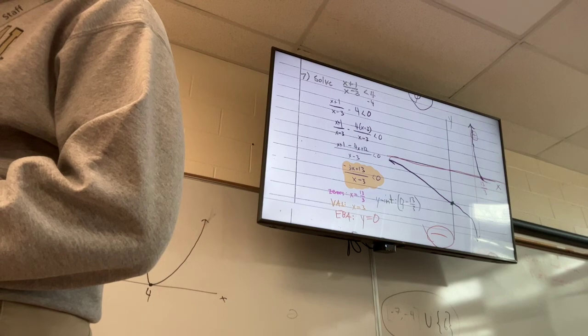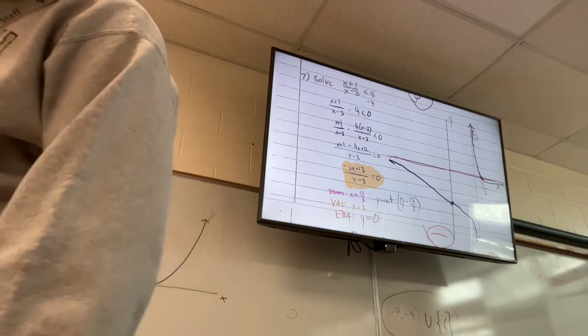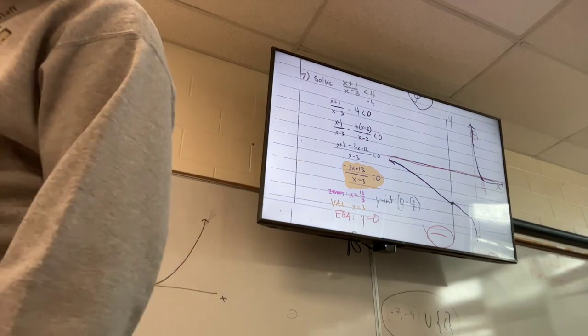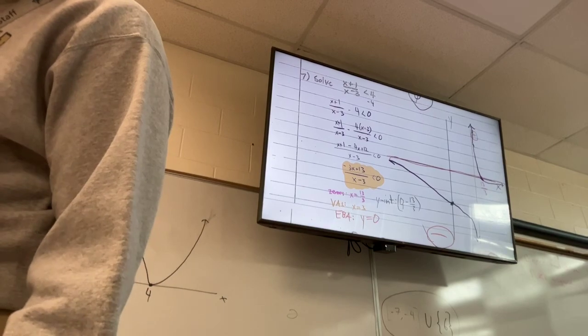And I think it comes up like that. This is weird. How does that work? Miss White's graph looks very different from mine.